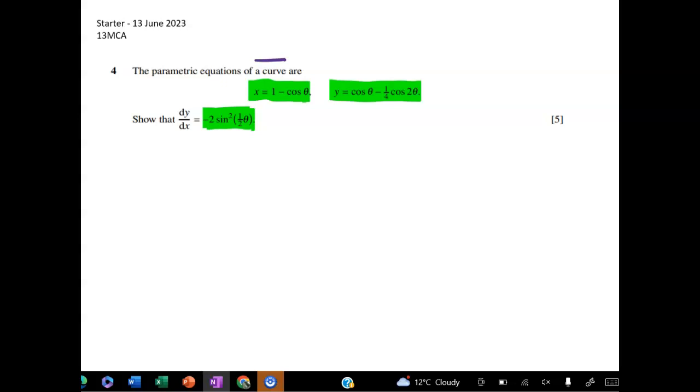So we're going to use the chain rule, and first we're going to differentiate each function with respect to theta. So dx by d theta is going to equal sine theta, right? Because cosine differentiates to negative sine theta, and we've got negative cosine theta. So that bit is done.